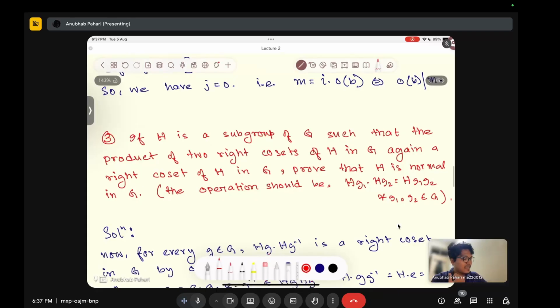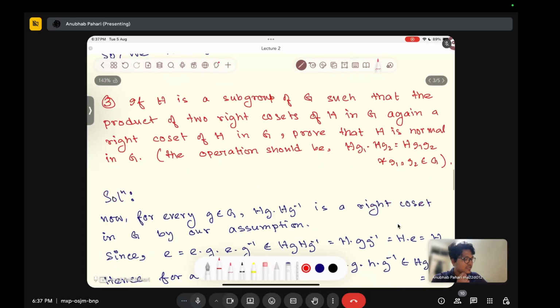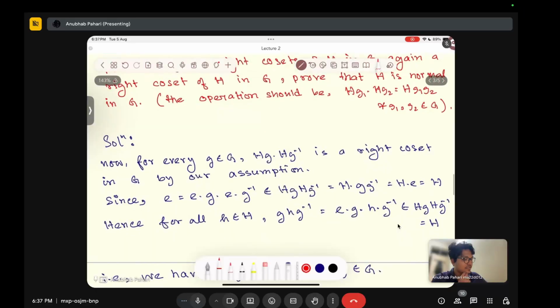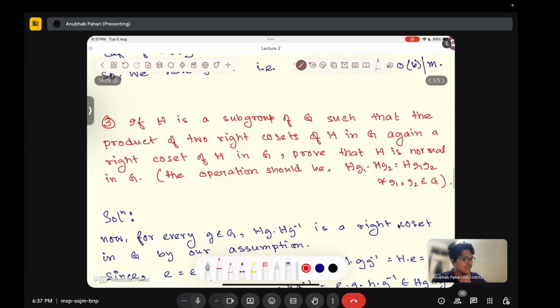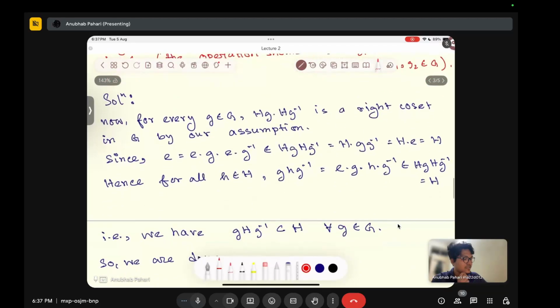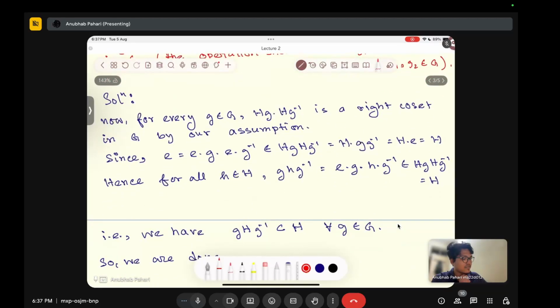Yes, but my point is that it is saying the product of two right cosets is a right coset, so we do not use the definition of the product. We can use HA, HB is equal to HC for some C.